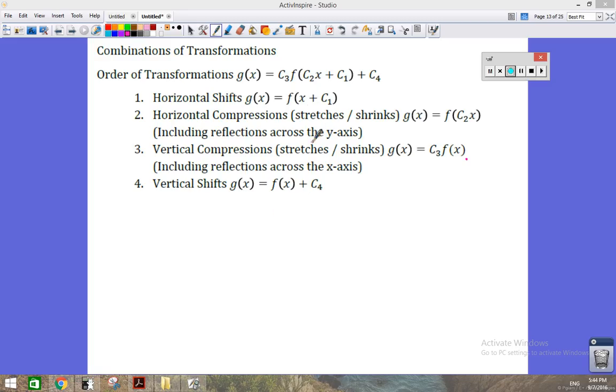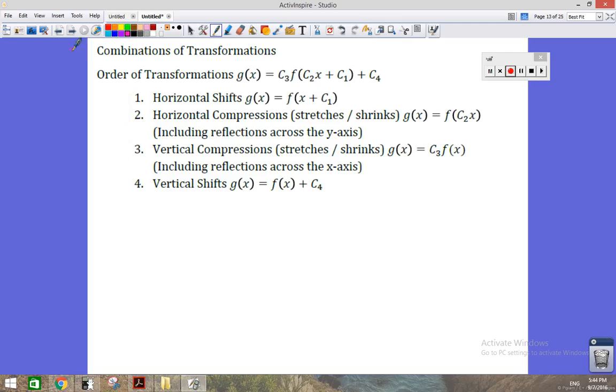You really need to eventually commit this to memory and understand it. The first two transformations are affecting the x coordinates, the domain. You can see that it's inside the parentheses, and the last two are outside of the parentheses. You're multiplying the y coordinate, and you're adding or subtracting to the y coordinate.